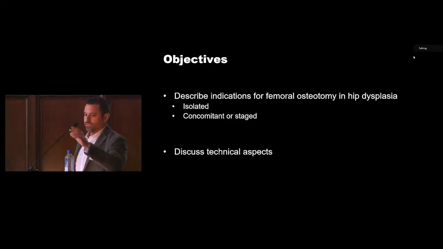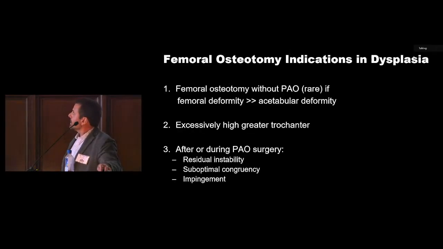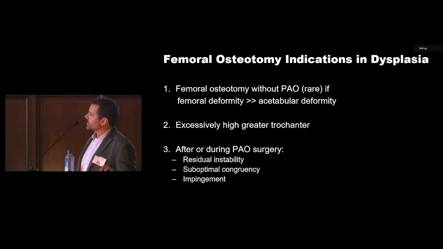I've got two focused objectives. Really, the first is to describe common indications to consider femoral osteotomy in the context of dysplasia, and then just get into some of the technical aspects. Indications are listed here. This is not an exhaustive list, but these are three of the most common ones. Femoral osteotomy without PAO, which I think is rare.